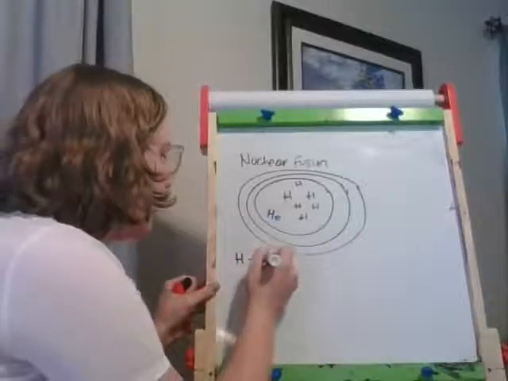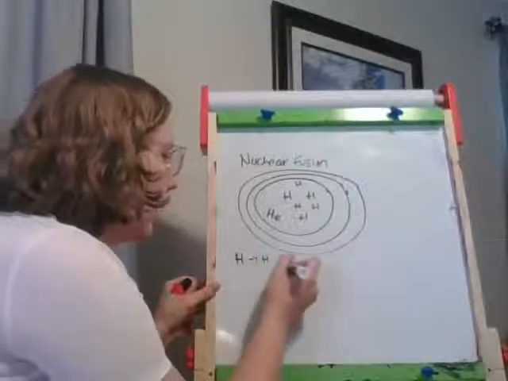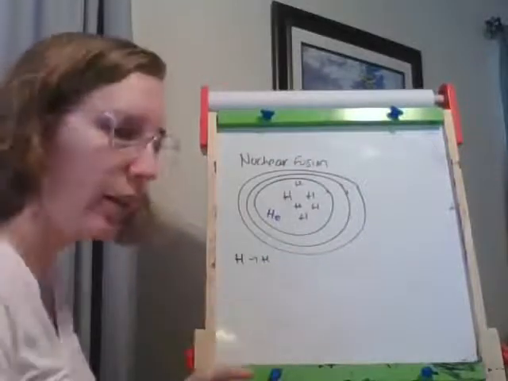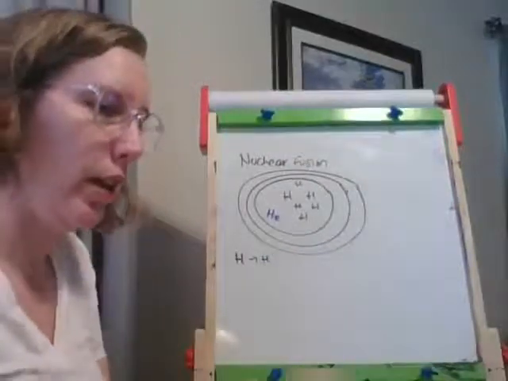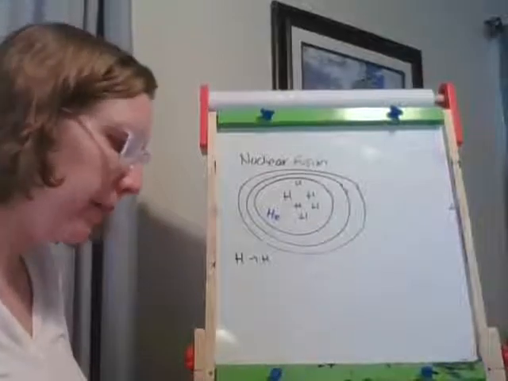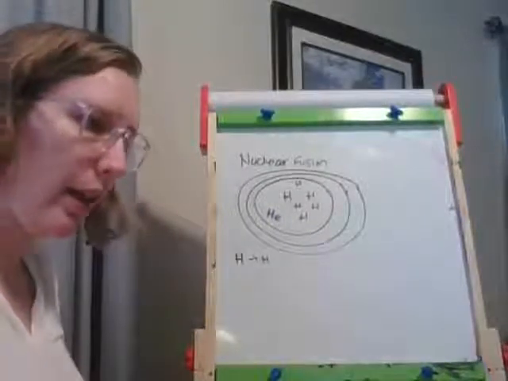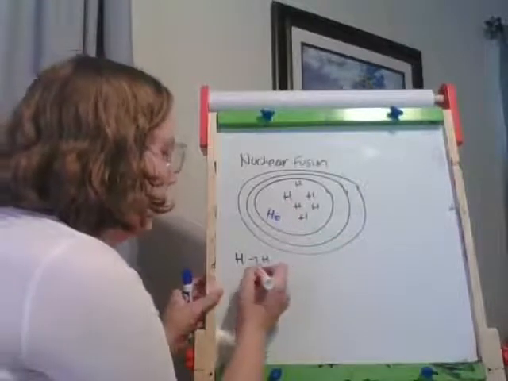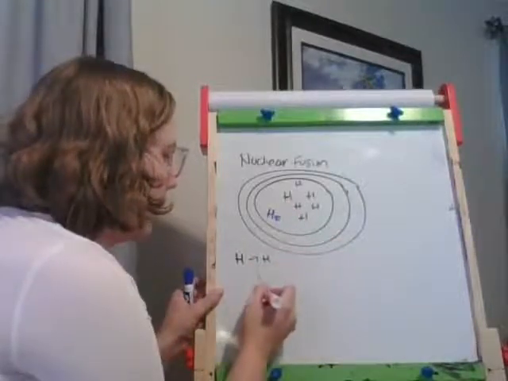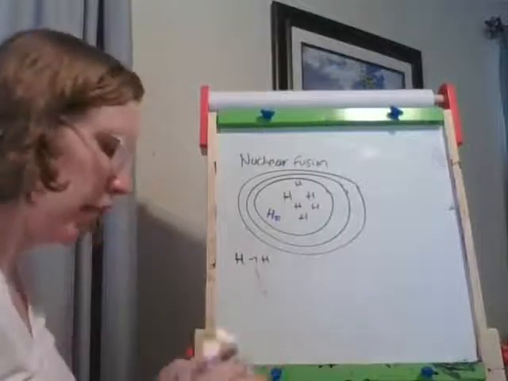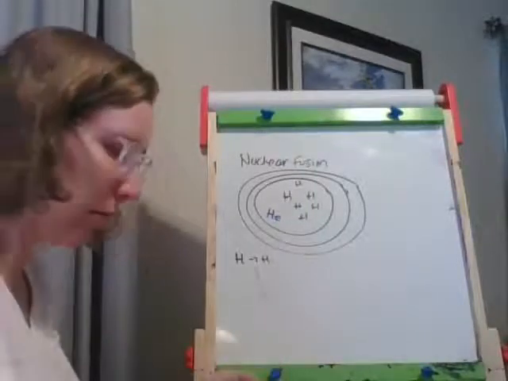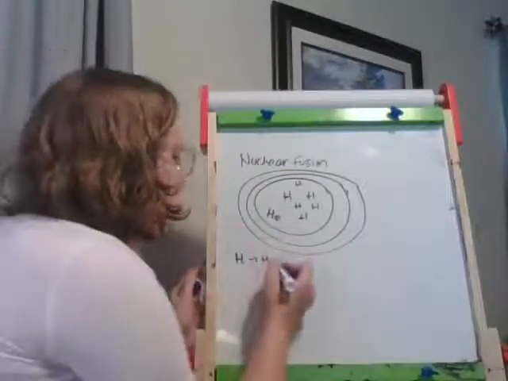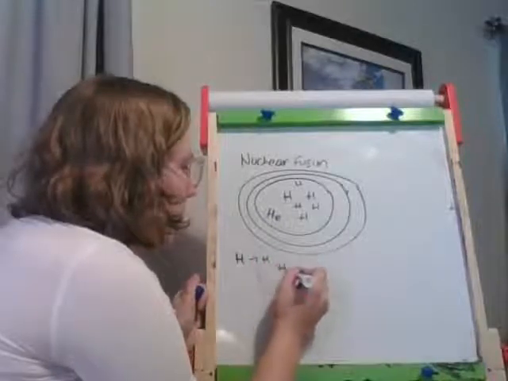When I have hydrogen and hydrogen that combine to form my helium, what happens every time I have that collision and that fusion is that I get a little bit of energy that comes off. So some heat energy is given off, and then I have my helium.